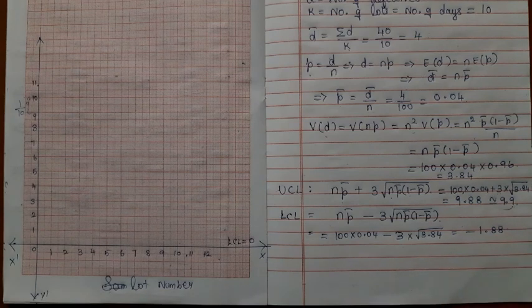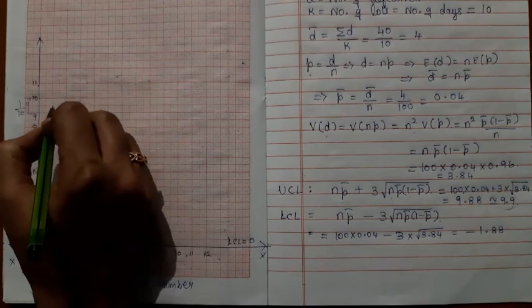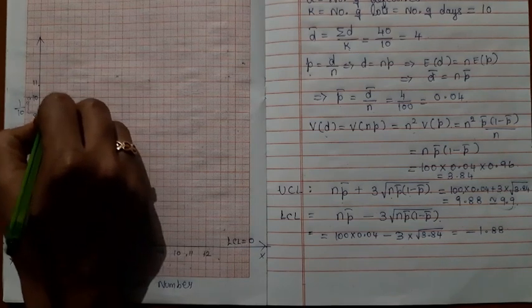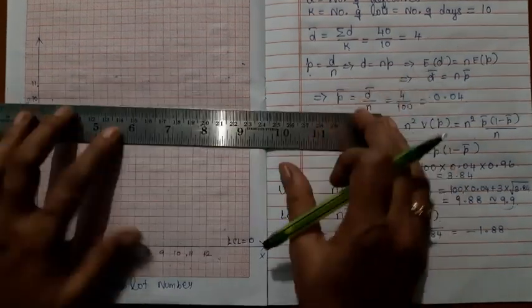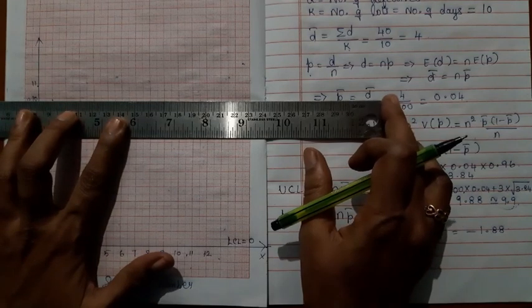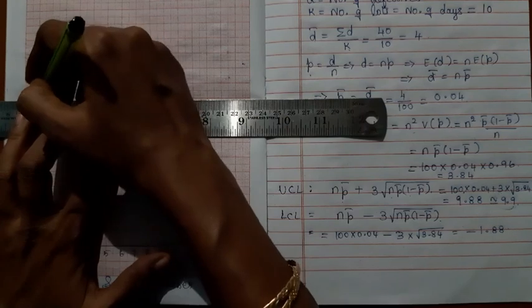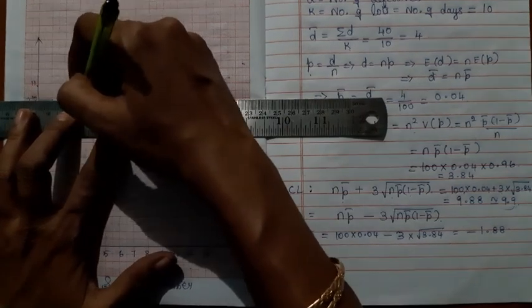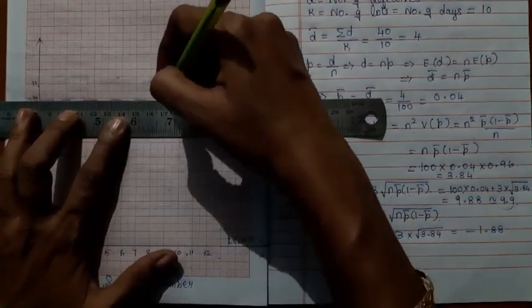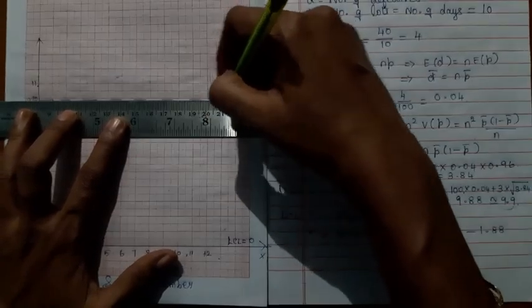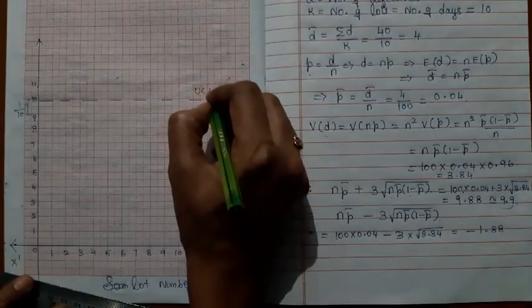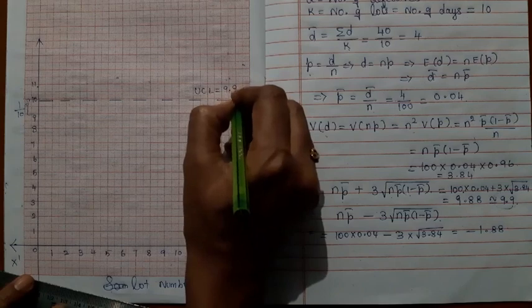So round it to 1 decimal place. 9.9 is the line just below 10. Okay. So you draw a line. This should be a dotted line, because the upper control limit, you know, we represent it by dotted lines. Okay. The upper control limit is 9.9.